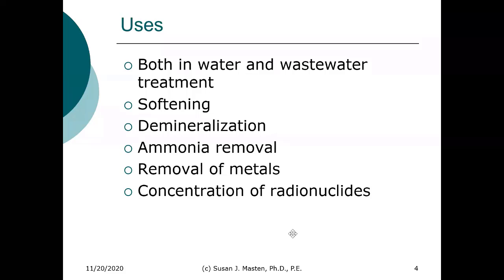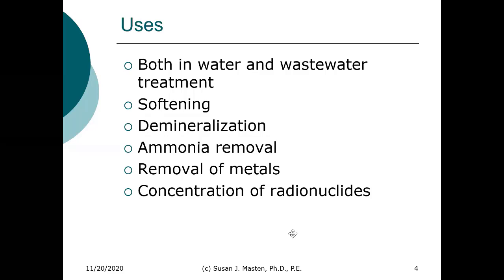At the MSU power plant, they use both cation exchange and anion exchange. So they're removing calcium and magnesium and other cations on the cation exchange column. And then they are removing anions such as sulfate, chloride, nitrate in the anion column.